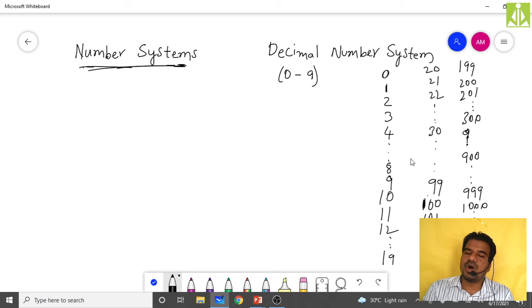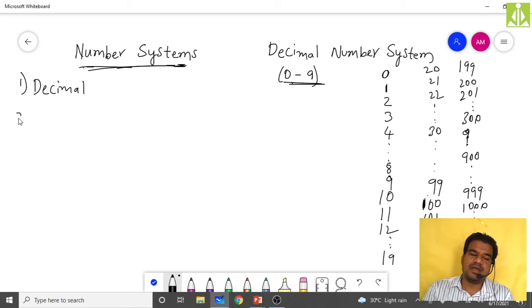Likewise, we have shown all the counting values in our decimal number system. The important thing to remember is why we give the name decimal: because it has 10 digits, and after every 10 count, we increment the digit position. So this is about the decimal number system. This is the first number system, that is decimal.